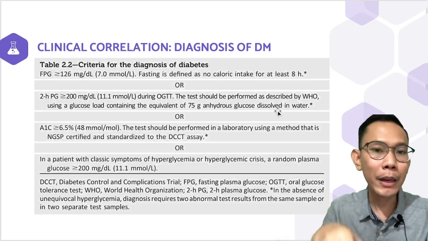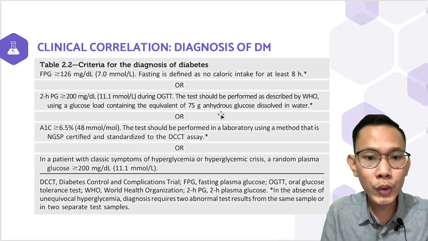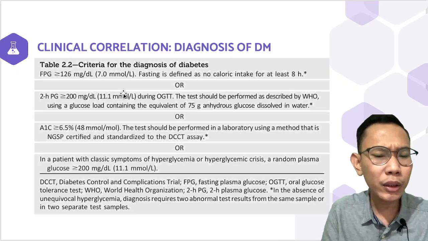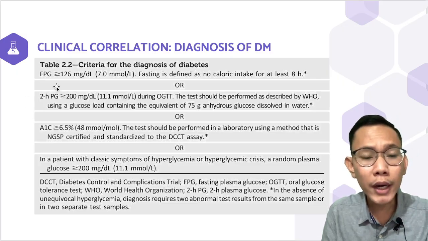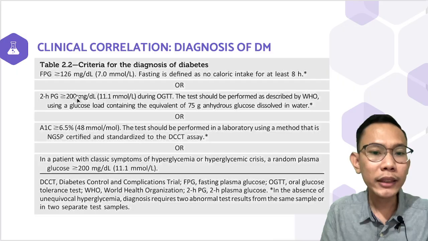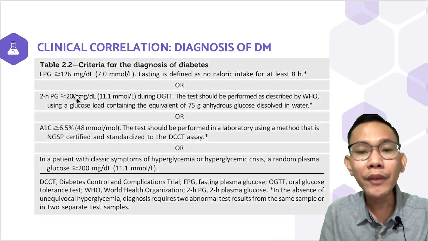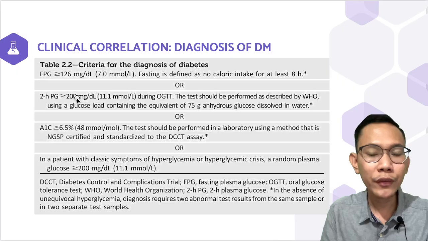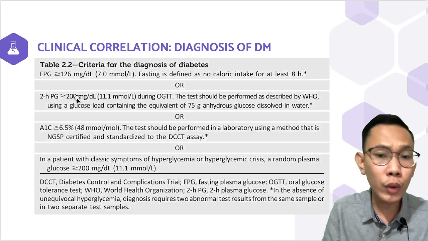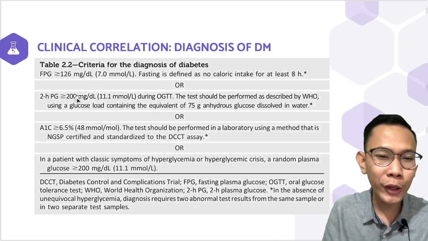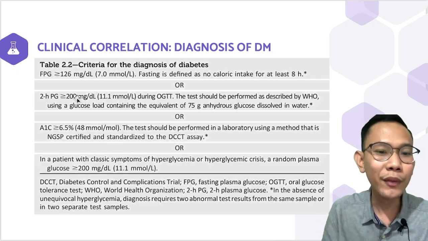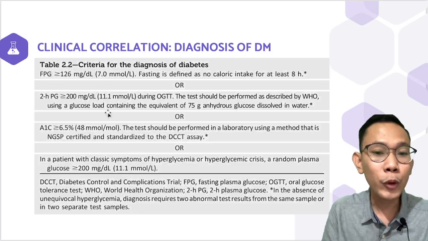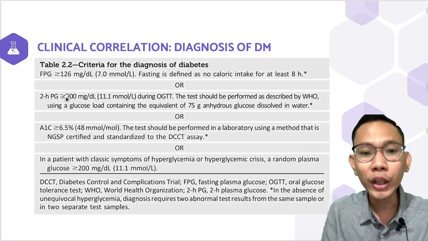So, you will be given a glucose load, and then after 2 hours, your glucose level will be tested. If there is an impairment of your glucose level in the body, of course, the effect is that your postprandial glucose level will rise to more than 200.